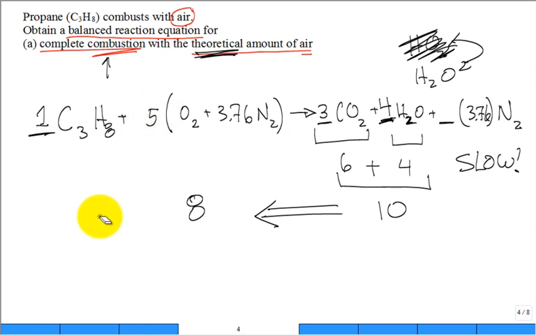Now the last thing we need to balance, we did the carbon, we did the hydrogen, we did the oxygen, we need to do the nitrogen. This is pretty easy. That's why I left the 3.76 over here. Make sense? Good. So this is our balanced reaction equation for combustion of propane using theoretical air.